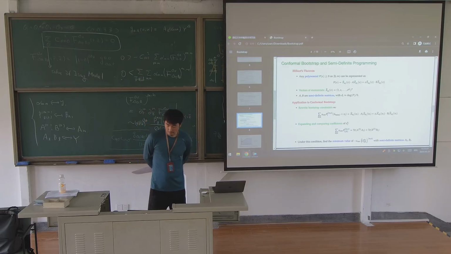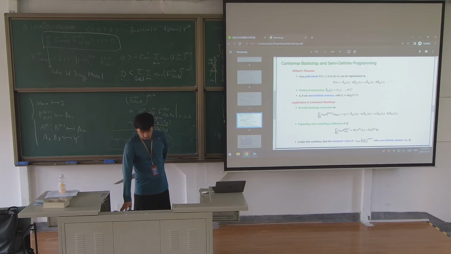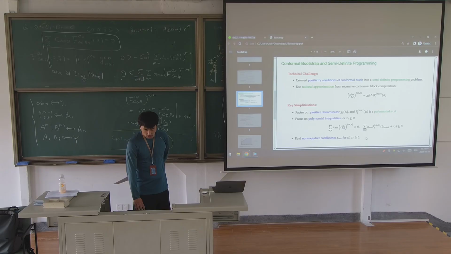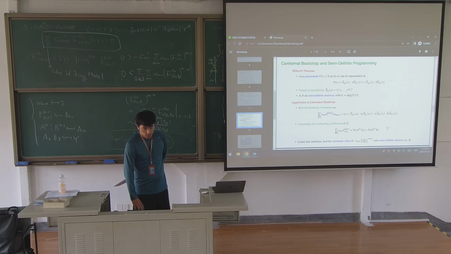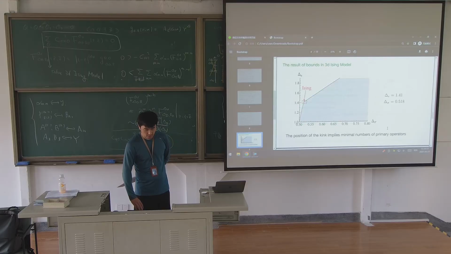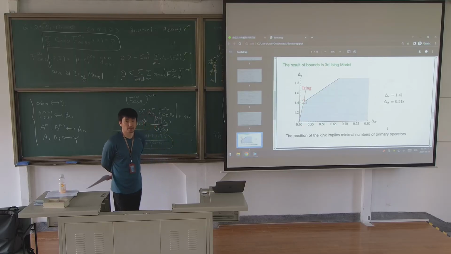They try to give an upper bound for this delta min. They created a computer program and used numerical analysis, and this is the result.